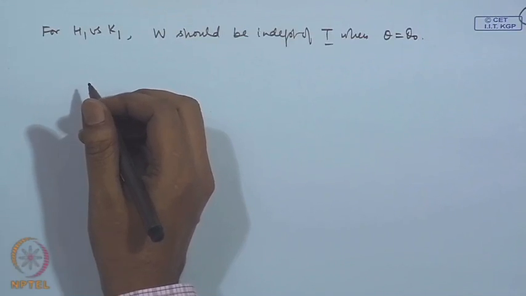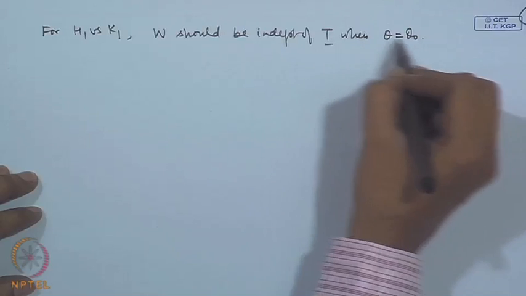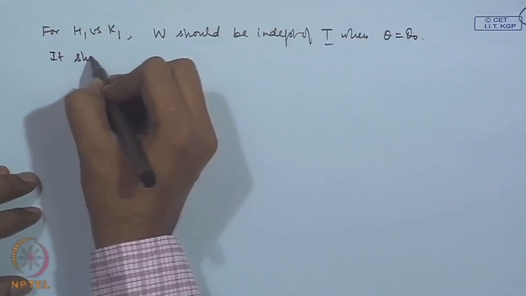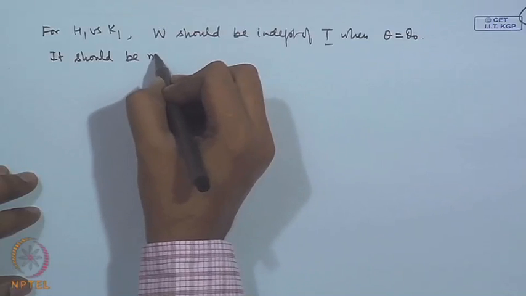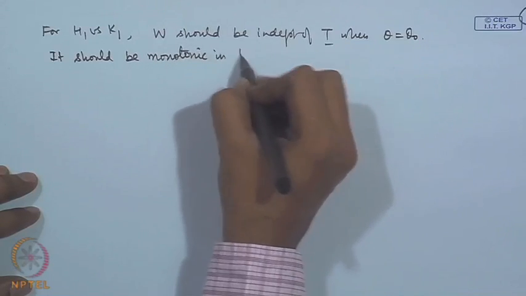Okay. So, w should be independent of t when theta is equal to theta naught. It should be monotonic in u.